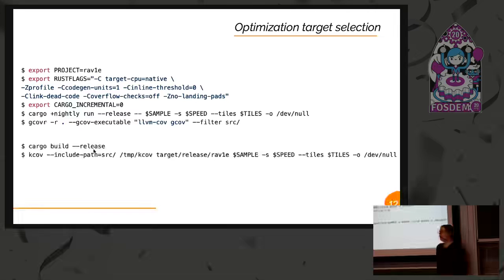Kcov is much, much nicer. And this is calling kcov directly. You can use the integration if you want, and it's a single command. But mainly all it does is setting up kcov with the right include path. So it's that simple.